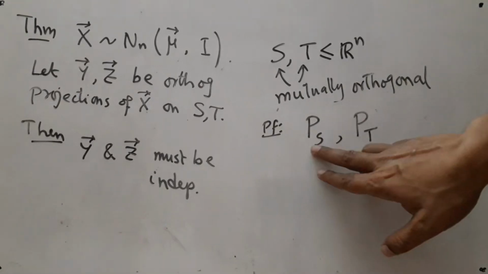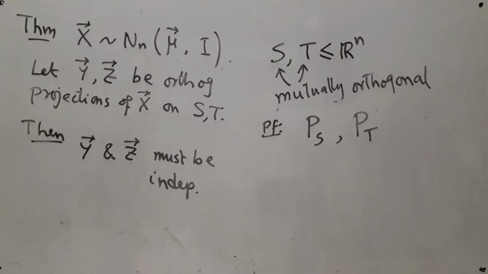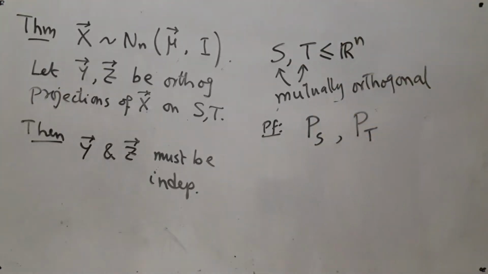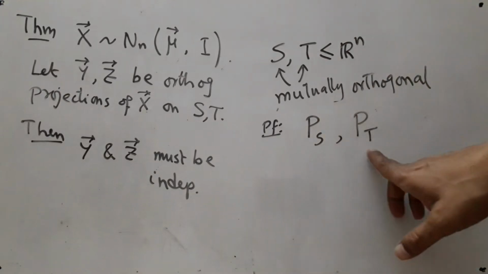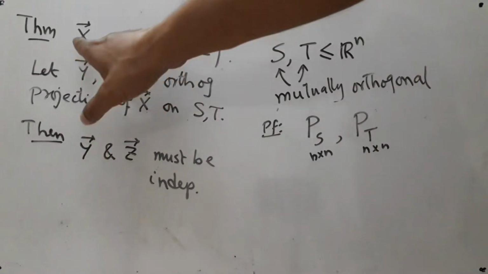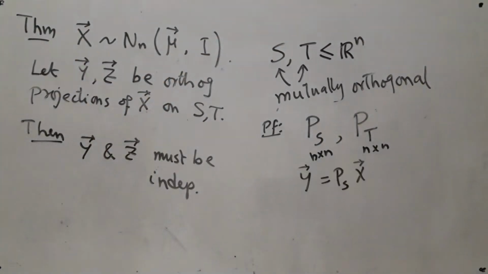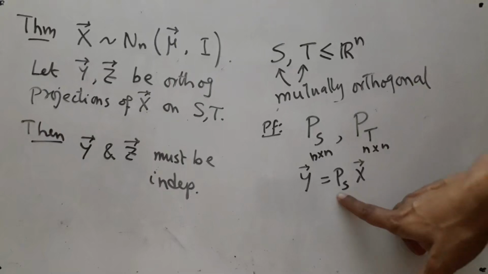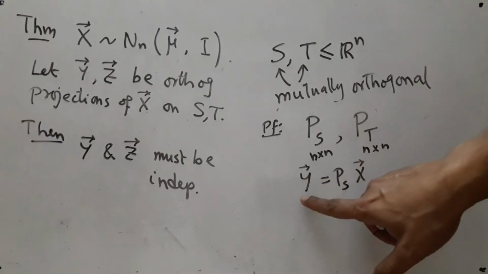Just consider PS and PT to be the orthogonal projector operators on S and T. Now this may sound like a very complicated thing. So this is a matrix, this is another matrix, they are both of order n cross n, and you are obtaining y from x as PS times x. So whenever you multiply any vector with PS from the left, you get the projection.